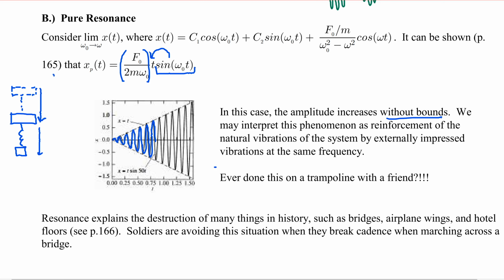When our external forcing function moves up, then our mass moves up with it. So they're always in the same direction. So that external forcing function is going to reinforce that mass each time because they're in the same direction, causing that amplitude to get larger and larger in both directions.